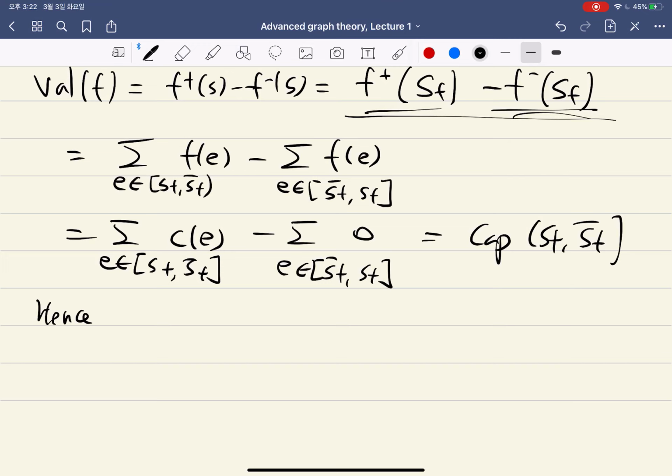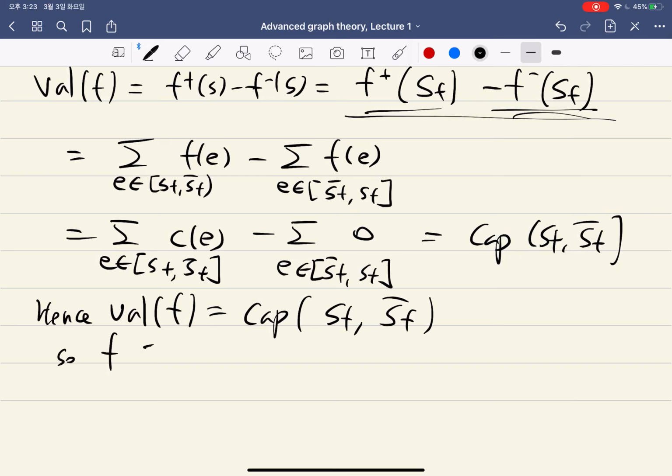Hence what we have is that the value of f is the same as the capacity of some source-sink cut. That means there is no other feasible flow with a larger value.